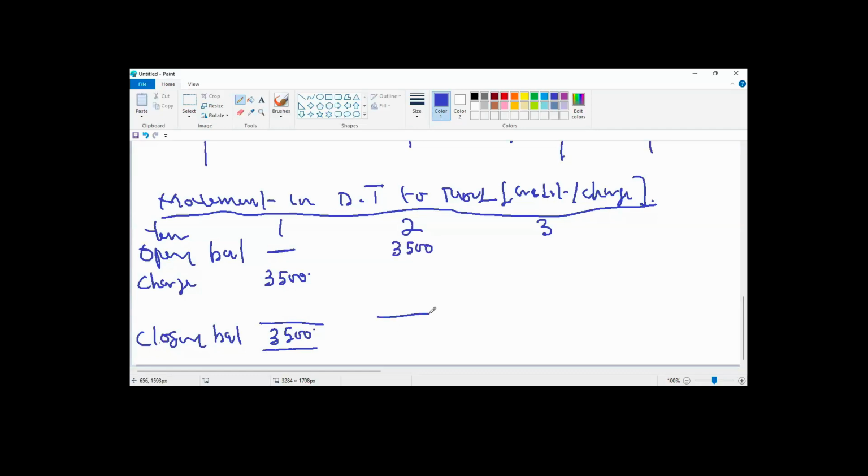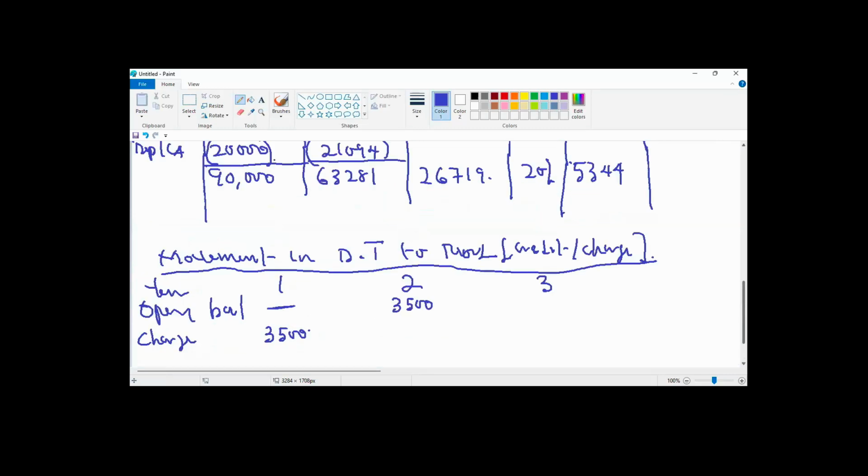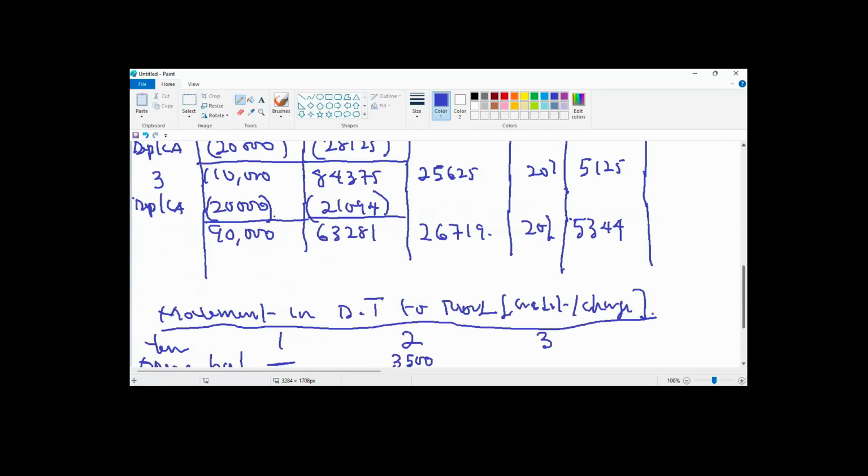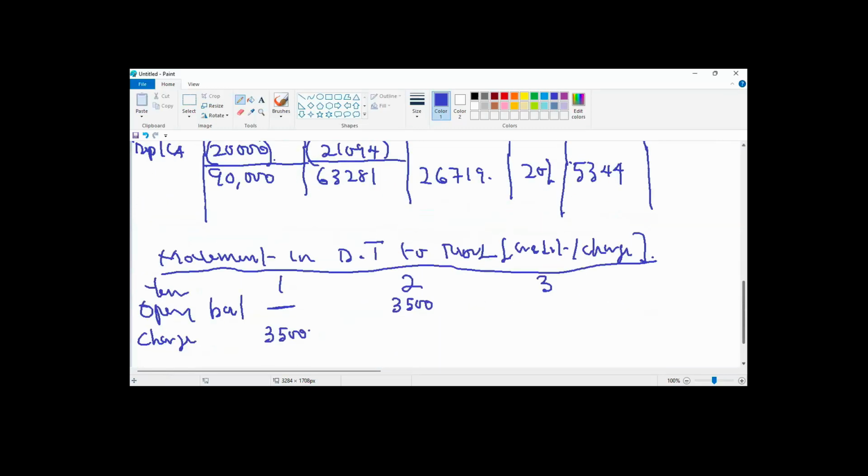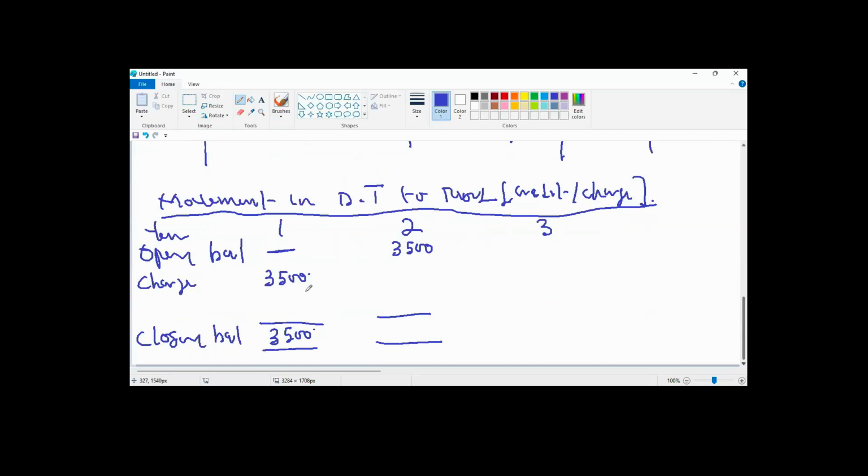What do we close with in year 2? 5125, I will go to my table. Is it increasing or decreasing? It's increasing. My liability, my deferred tax is increasing. It's a charge.